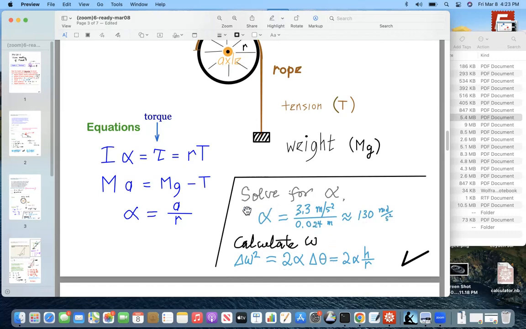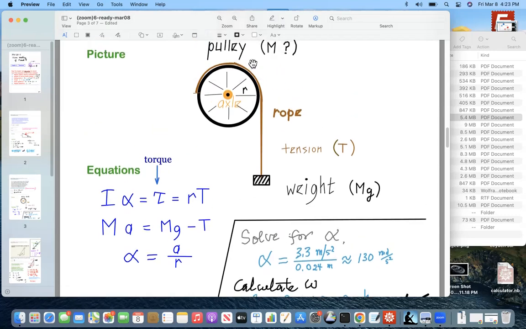Alpha I already know because that was the first question. And what's delta theta? Well, if the mass here goes down by a distance h, then the wheel will turn by an angle h divided by r in radians.